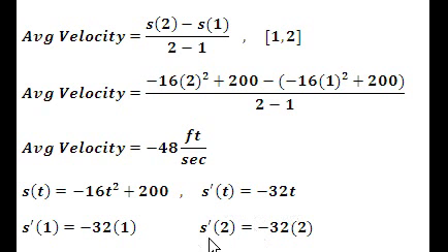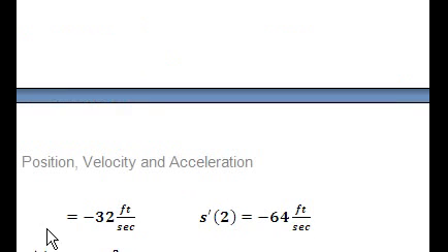Which I guess I've got stated here. And then we wanted to plug 2 in, and so this gives us negative 64 feet per second. So plugging 1 in, we get negative 32 feet per second, and after 2 seconds, it's now traveling at negative 64 feet per second. So as you can see, that average is falling in between negative 32 and negative 64.